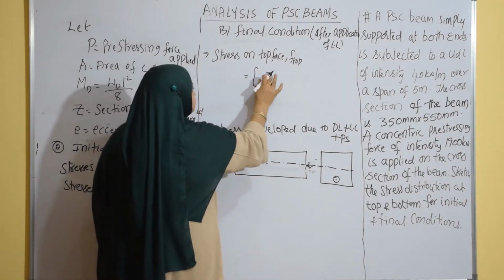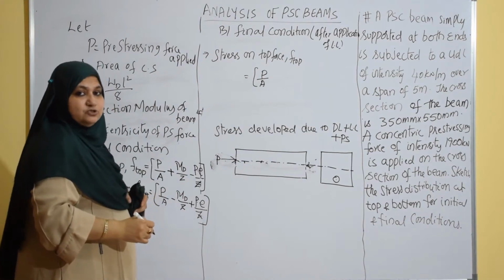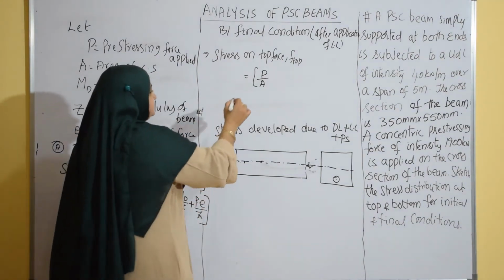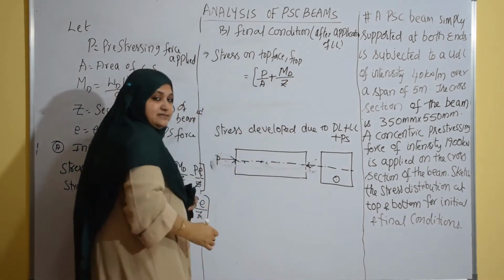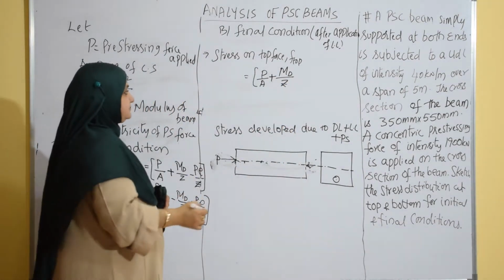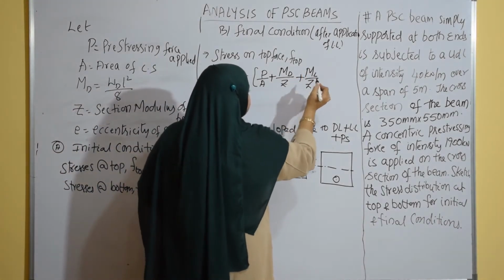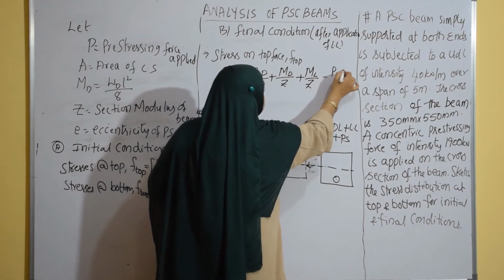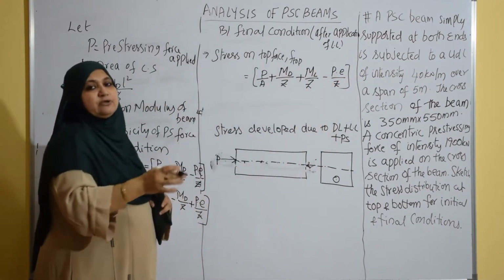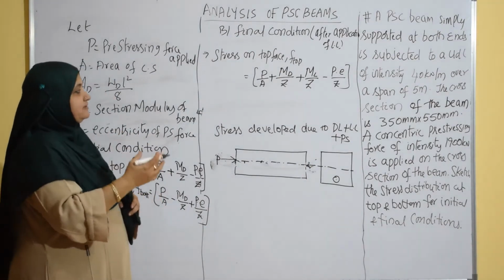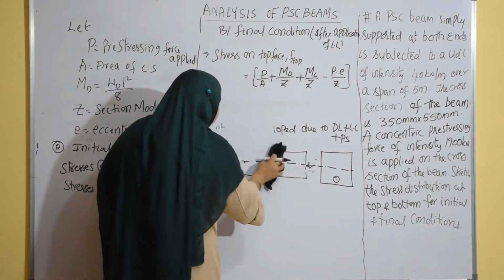So this is P by A, the stress due to pre-stressing force, plus MD by Z, the stress due to dead load bending moment, plus the stress due to live load bending moment, minus the stress due to eccentricity of the pre-stress. If there is no eccentricity, then you can eliminate the last term. That is on the top face.